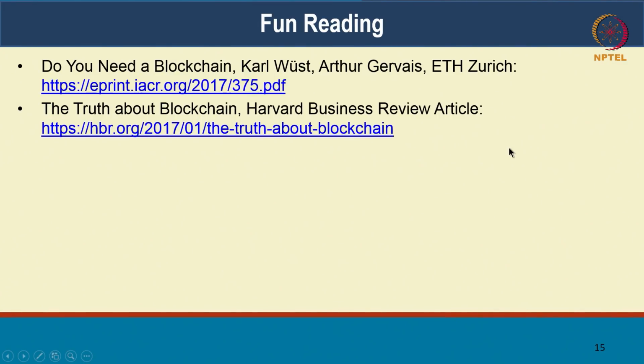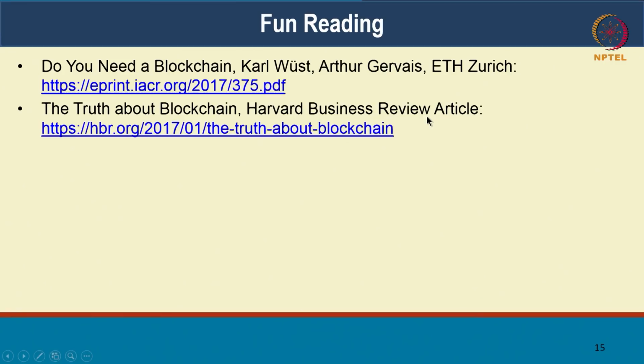There are some very nice articles that explain the same principles. There's a nice article from ETH Zurich titled "Do you need a blockchain?" They have a nice way of explaining when to use a blockchain and when not to. They actually have a flowchart where they take you through different questions, and based on whether you answer yes or no, you should or should not use a blockchain.